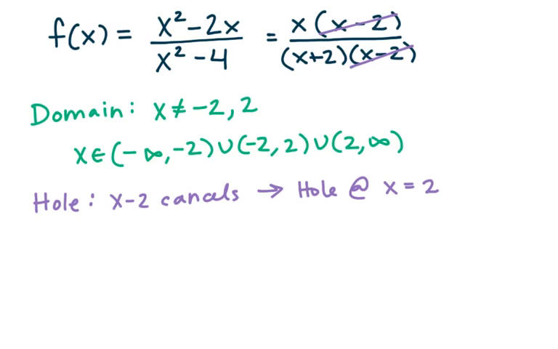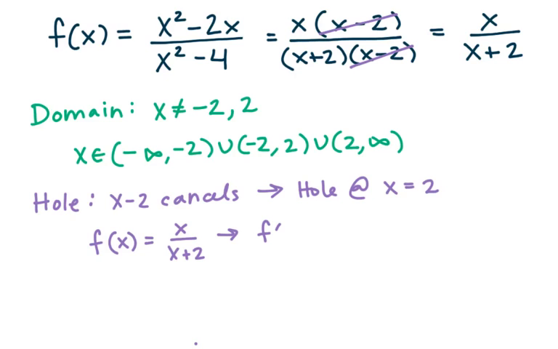So once I cancel that, that creates a reduced version. My function is now equal to x over x plus 2. So if I want to find the ordered pair for my hole, I'm going to plug x equals 2 into the reduced version.